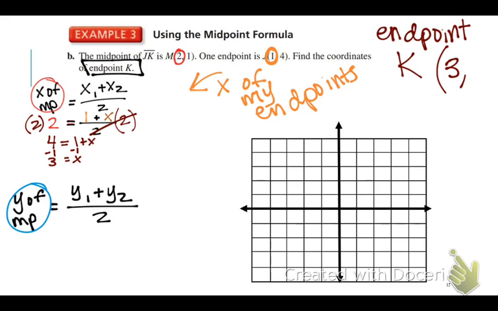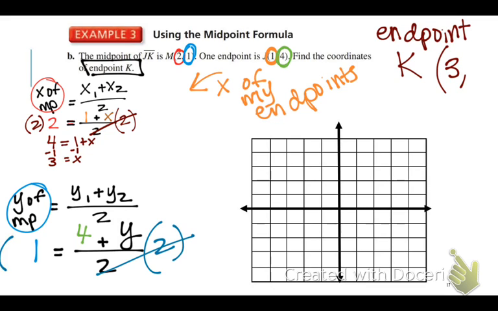And then I'm going to do the same thing with my y's. What's the y of my midpoint? 1. What's a y of an endpoint that I have? 4. And then do I have my second y? No, I don't. So I'm just going to plug in a y. What do I do next? Multiply by 2, both sides.